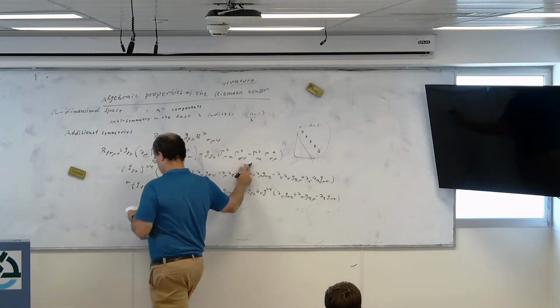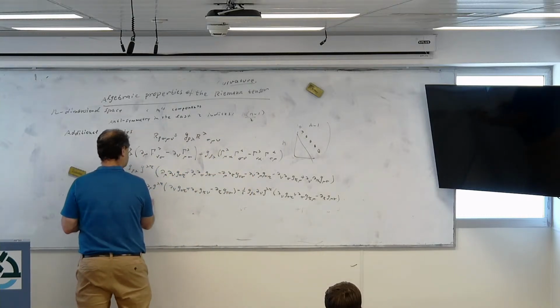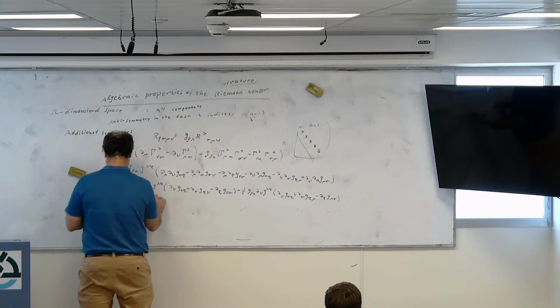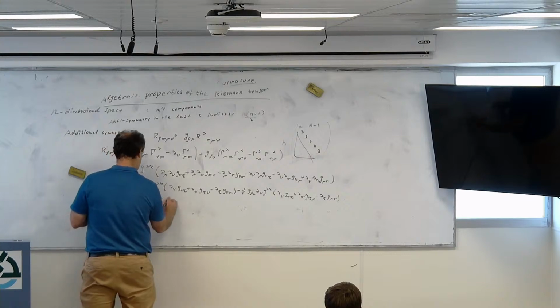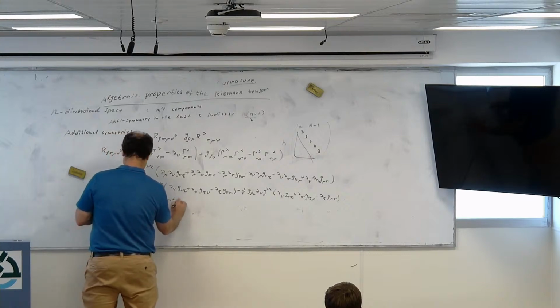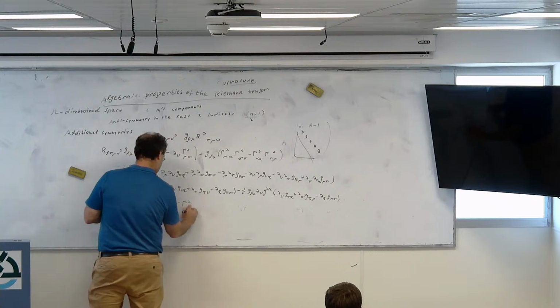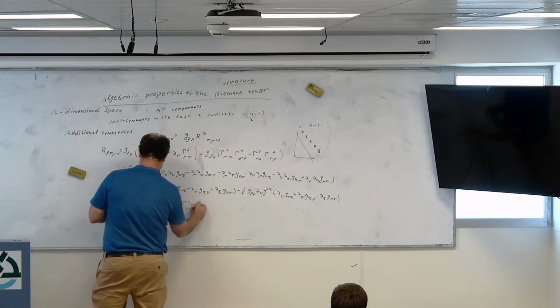And then plus the last term, G rho lambda gamma lambda mu alpha gamma alpha sigma nu minus gamma lambda nu alpha gamma alpha sigma mu.